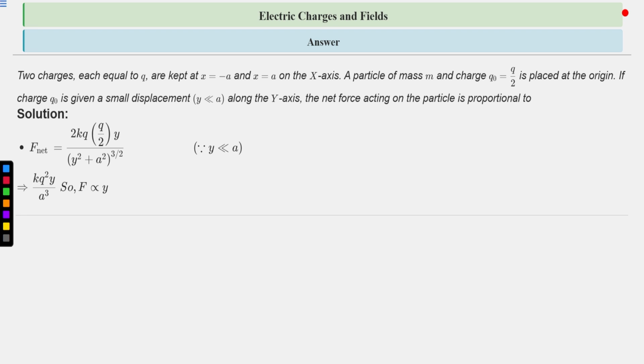Here q is constant and the separation is constant, so the net force is proportional to y. The force is proportional to the small displacement that we have given.